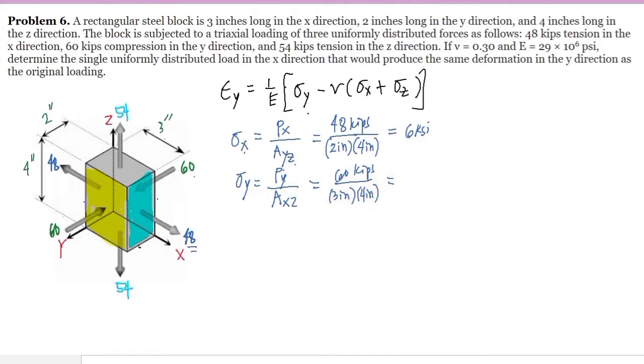So that is 60 divided by 12, which gives you 5 ksi.